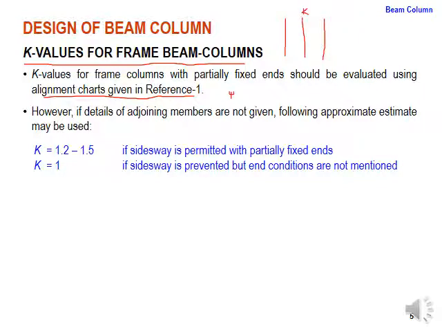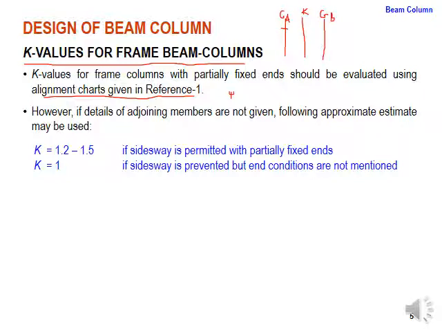Here you have the GA, and here you have the GB, meaning the top end conditions and the bottom end conditions. So the stiffness is involved there. Depending upon the moment of inertia of the column and, at the top end and bottom end, the connecting elements on those particular ends, you calculate the GA and GB. And these formulae to calculate GA and GB are written in the LRFD manual.